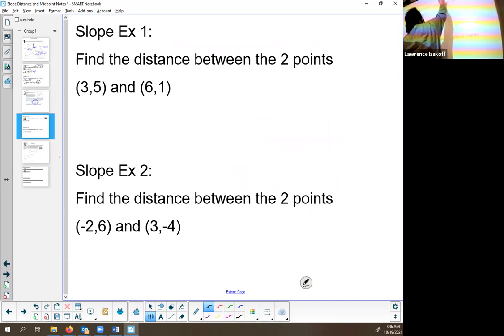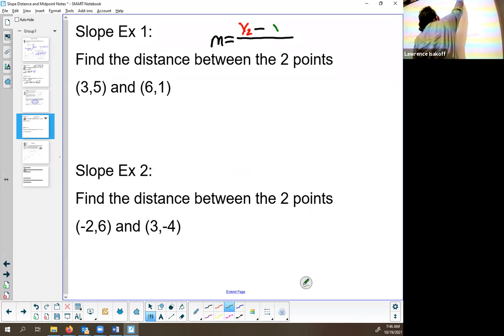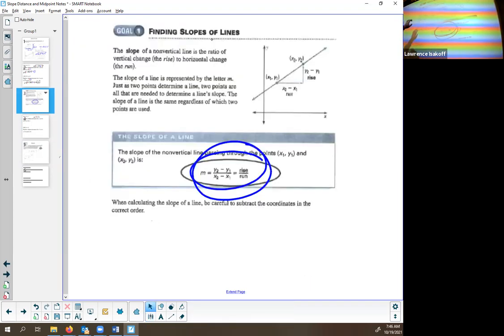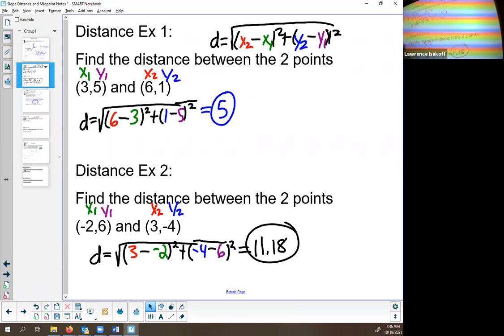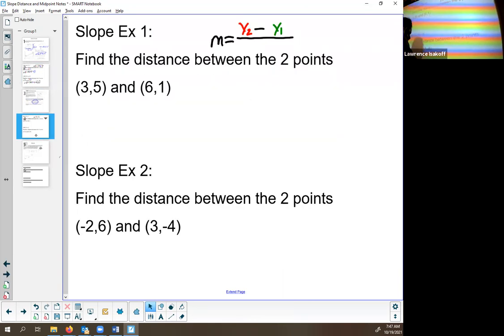So again, M is equal to y2 minus y, actually, what was my coloring here? Y, blue, purple, red, green. I'm going to keep my coloring scheme the same.